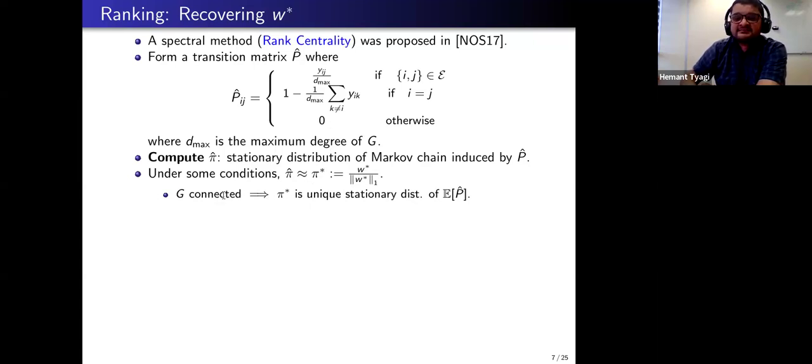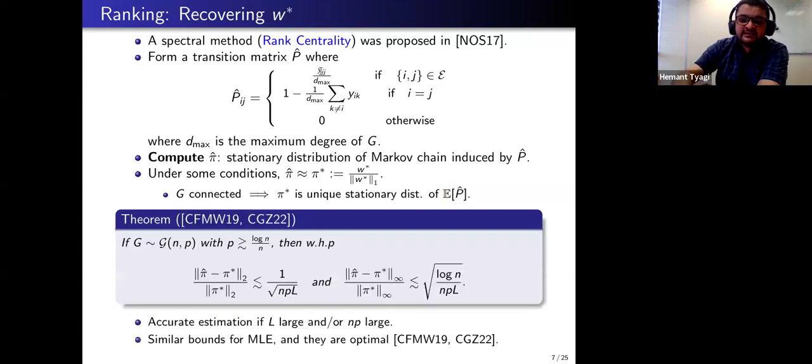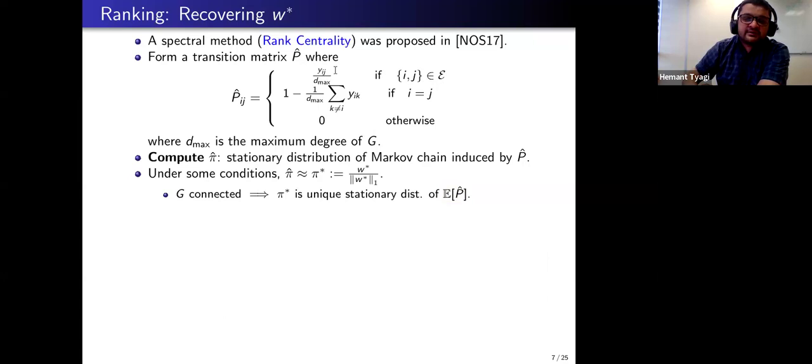And why is this the case? Because if G is connected, then this Markov chain induced by expectation of P hat is irreducible. Right? So it has a unique stationary distribution. It's also aperiodic, it's also reversible, etc. So it's very well defined, this expectation of P hat, right? Because keep in mind that if you were to compute expectation of P hat, you would see that for all ij's belonging to the edge set, all these entries would be strictly positive.